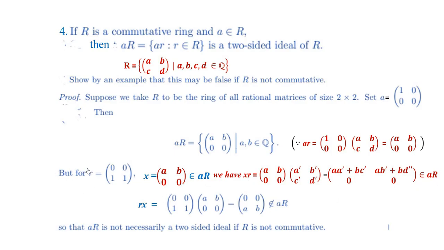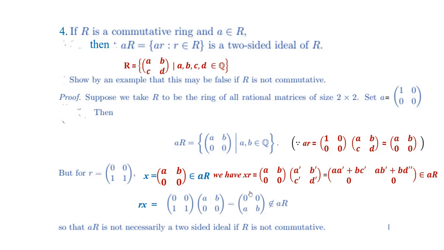Now on the other hand, suppose I choose my r to be particularly this. This is a member of capital R; any element of this form will be in capital R. So in particular, we shall choose our r as this. Now we will compute r into x. r is this and x is this. When we multiply, this is what we get: this is 0, this is 0, so here 0, 0, and this one with this a, and this one with this gives us b.